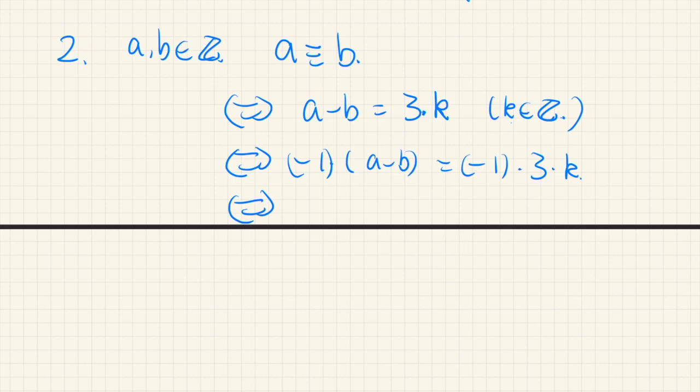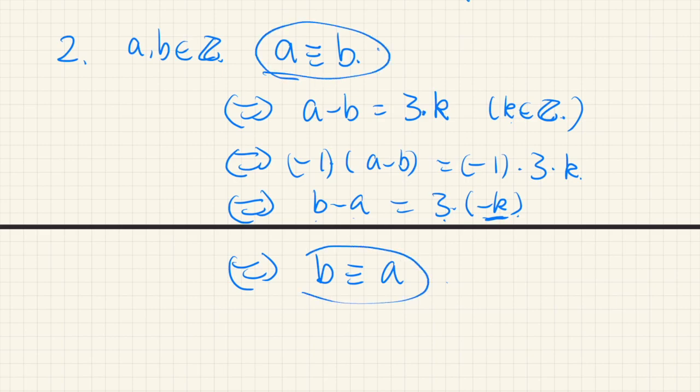So this becomes b minus a equals 3 times -k, right? So b minus a is a multiple of 3 for some k. Therefore, b is congruent to a. So symmetry does hold. If this is true, then this is true.